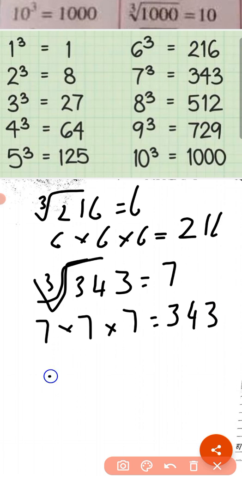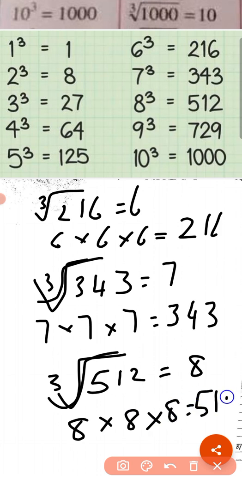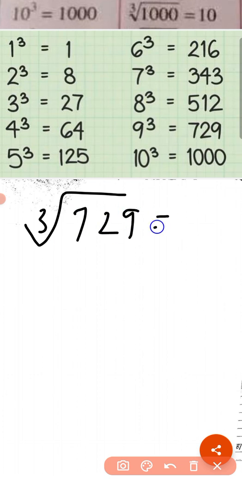Okay. Cube root of 512 is equal to 8. That means 8 into 8 into 8 is equal to 512. Okay. Next, cube root of 729 is equal to 9.